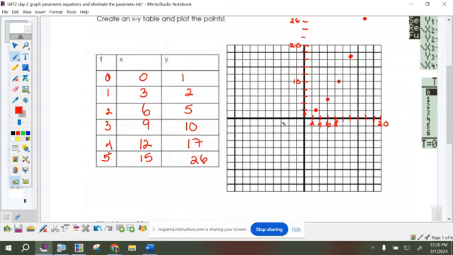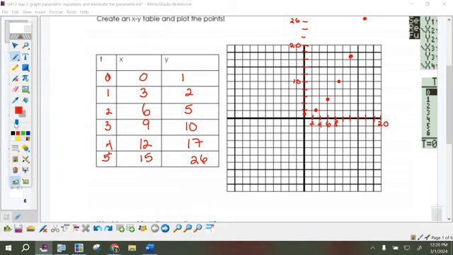So when I connect the points, I can either label each point with a t equals, and the value I got that x and y from, or I can put arrows like this on my graph to show the movement from time 0 to 1 to 2 to 3 and so on, all the way up to t5.